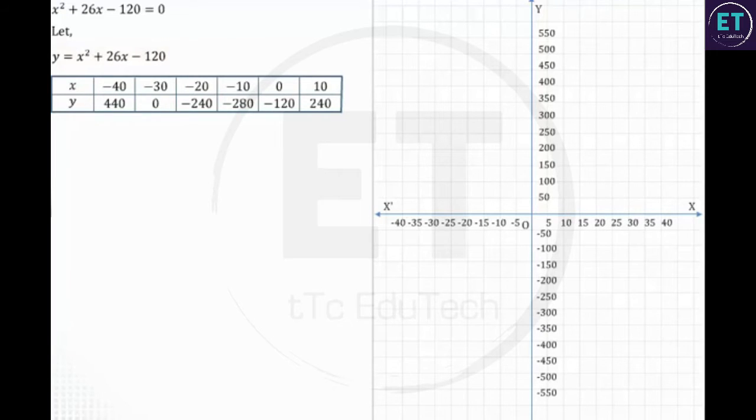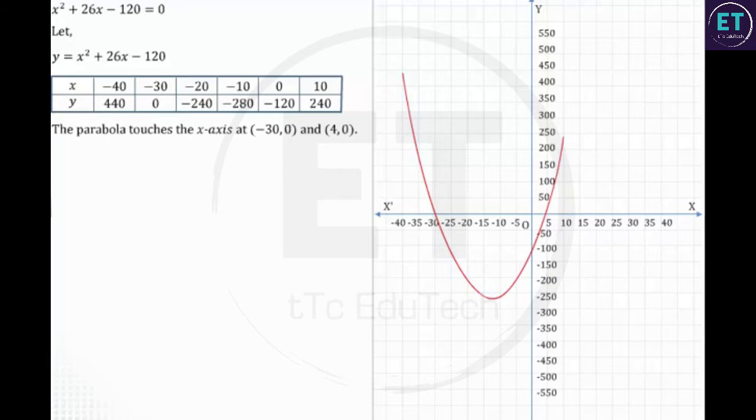On plotting the ordered pairs on a graph, the curve of the quadratic equation y is equal to x squared plus 26x minus 120 emerges as a parabola. This parabola intersects the x-axis at minus 30, 0 and 4, 0.